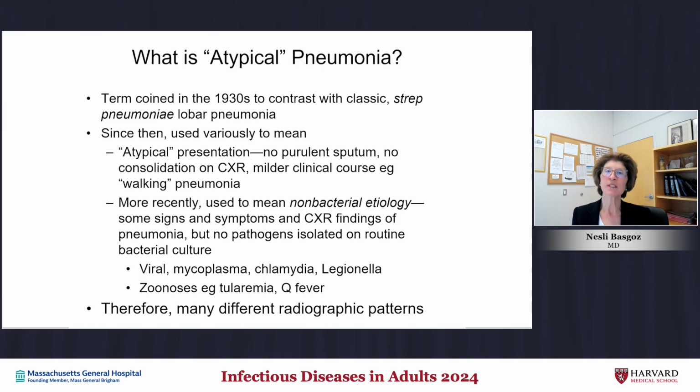More recently, it's been used to mean a non-bacterial etiology with some signs and symptoms and X-ray findings of pneumonia, but no pathogens isolated on routine cultures. This can include viral, mycoplasma, chlamydia, and Legionella, and also some zoonoses like tularemia and Q fever. It follows from the number of organisms I've mentioned that the radiographic patterns of atypical pneumonia can differ.